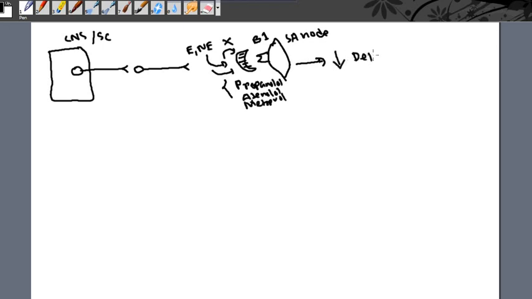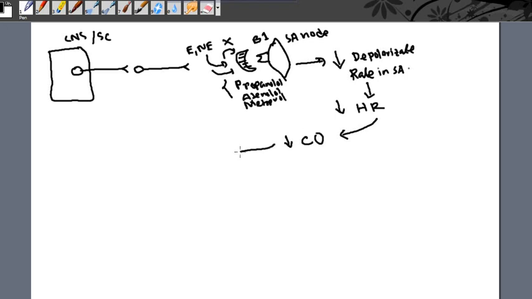The depolarization rate in the SA node will go down, and when the depolarization rate in the SA node goes down, heart rate will go down, right? And when heart rate goes down, your cardiac output will go down, and when your cardiac output goes down, your blood pressure will go down, right? So this is one of the important mechanisms of beta blocker, that it reduces the blood pressure.